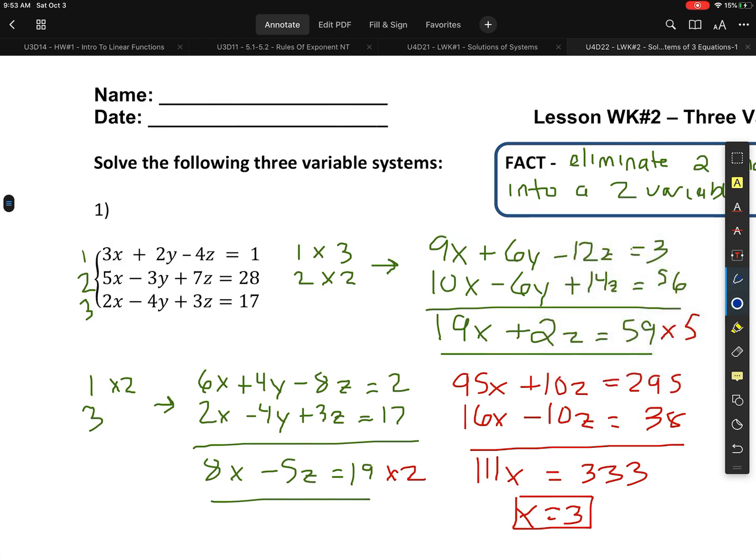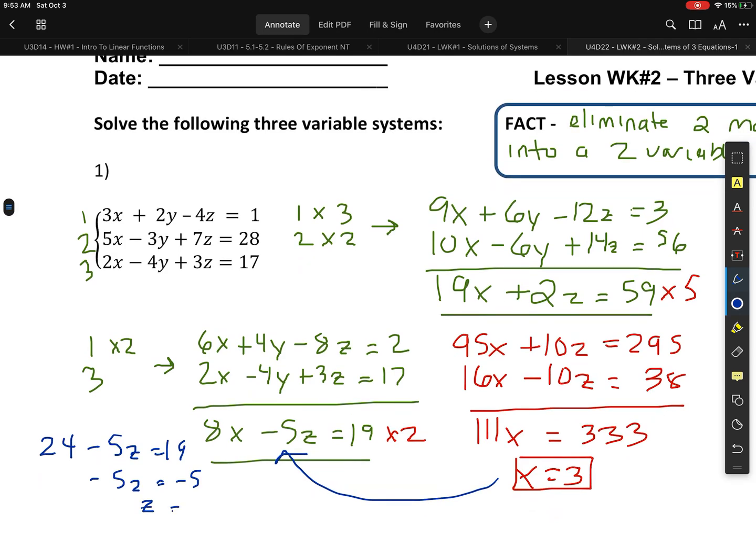So if I take my x equals 3 and plug into this equation, now I have 24 minus 5z equals 19. So I'd have negative 5z equals negative 5, z equals 1.